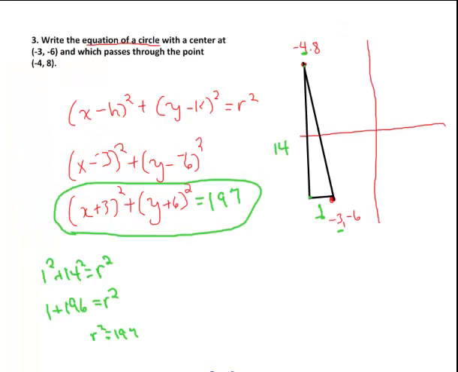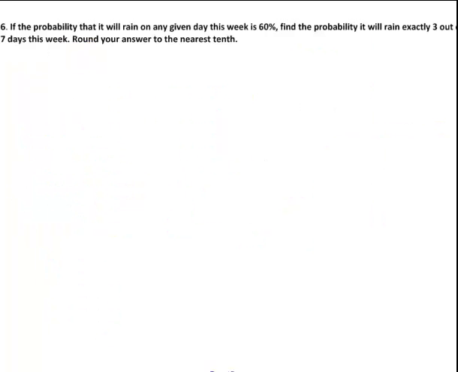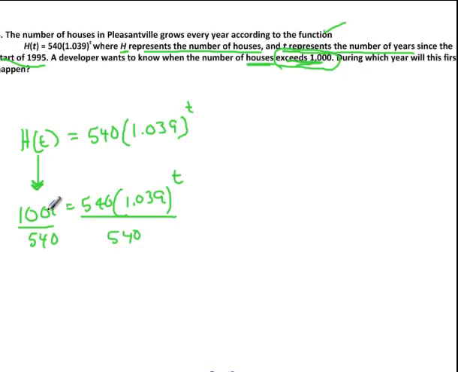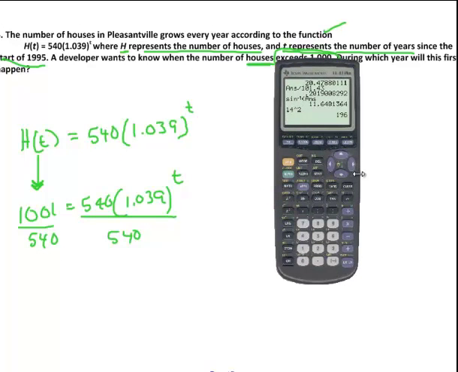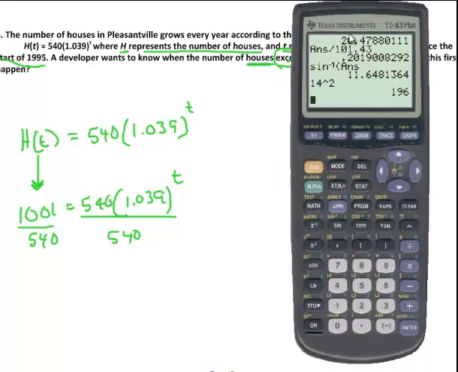I'm actually going to leave that. And this is what I have left. 1,001 over 540 equals 1.039 to the t. And here comes my flashcard.